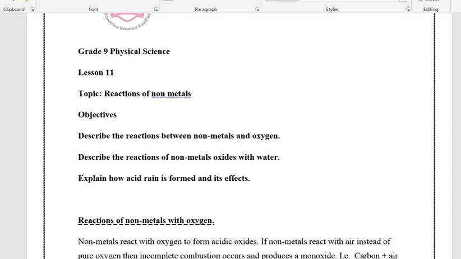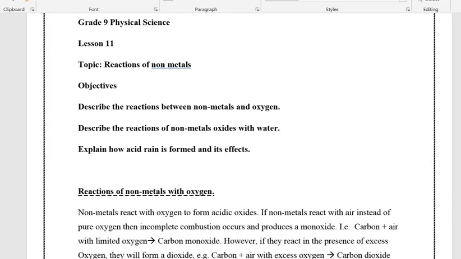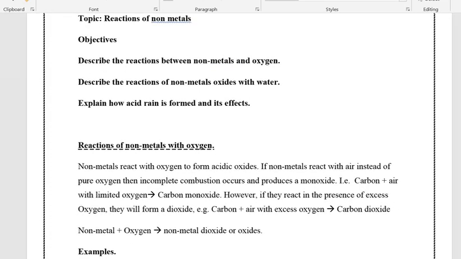And what we're going to do today is continue with this concept of nonmetals, looking at the following objectives. By the end of this lesson, we should be able to describe the reactions between nonmetals and oxygen, because when nonmetals react with oxygen, they form nonmetal oxides.